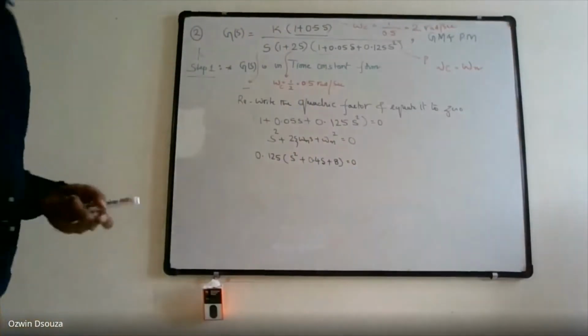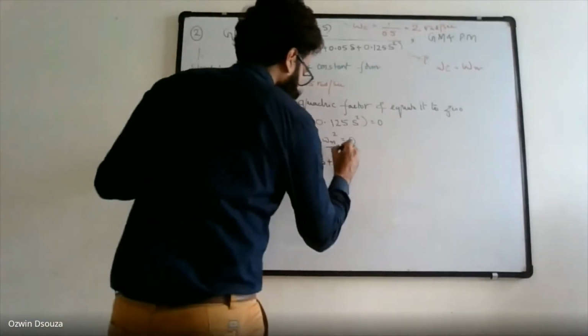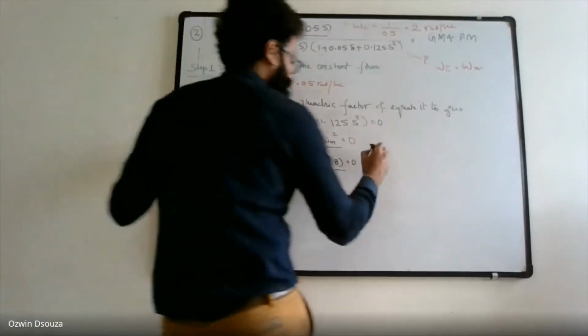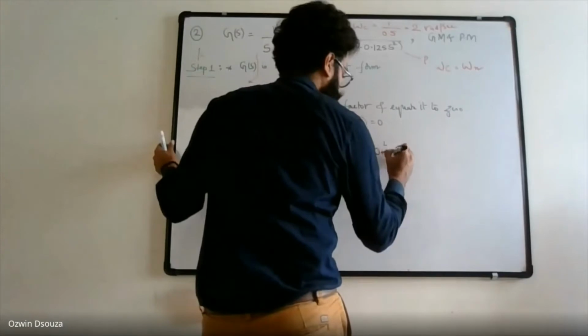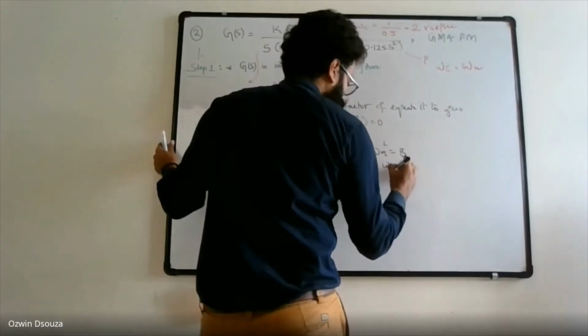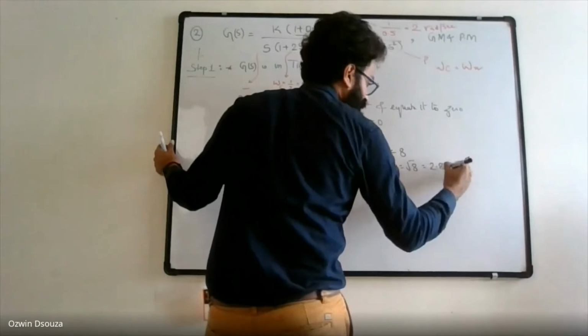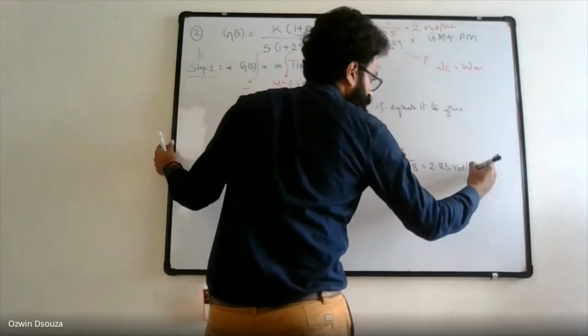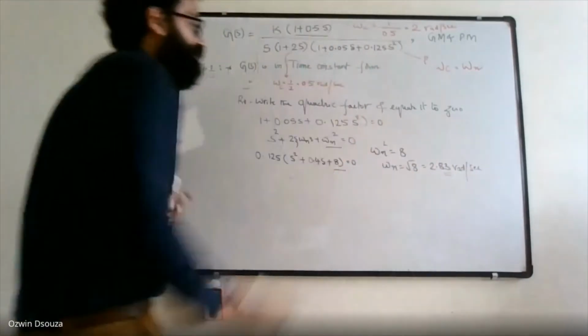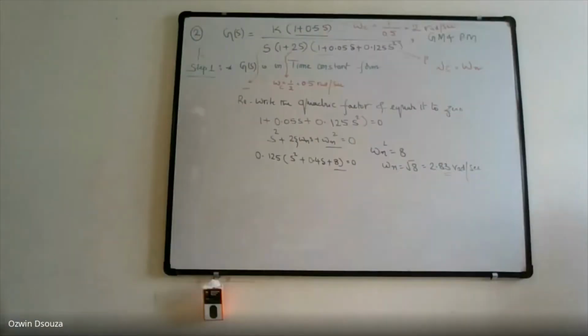Now you compare the coefficients. Omega n squared is equal to 8, or omega n is equal to under root 8, which is 2.83 radian per second. So that is the corner frequency of the quadratic factor.